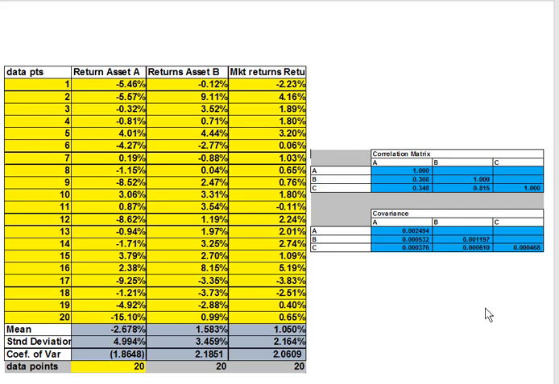So if we wanted to combine these stocks together, which two would be a better fit? Which one would provide better outcomes as far as reducing risk? And again, we could find out that combining A and B or A and C would provide a greater reduction in risk. Not necessarily a greater return, but a greater reduction in risk.